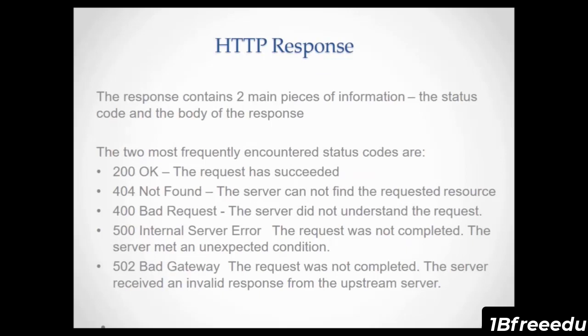Then coming to response. In general, the response will be of two kinds. One is status and another one is the body of the response. So status contains the following encounters. 200, which means the request succeeded. 404 means you cannot find the requested resource. 400 means bad request, where the server cannot understand the request. 500 internal server error means the request was not completed.